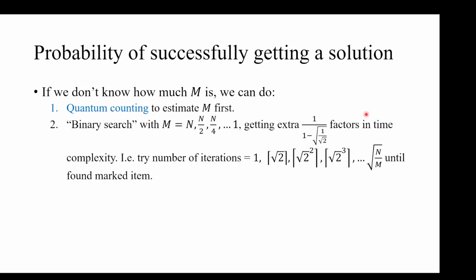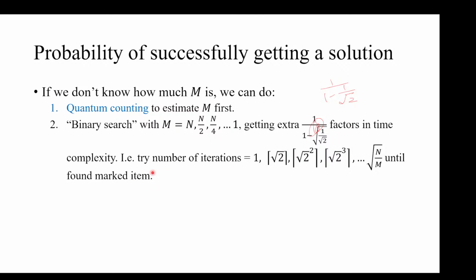Sorry, I think I have too many square roots, typo. It should be 1 over 1 minus 1 over square root 2. Okay, and you get this extra factor because the number of iterations you try is a geometric series, so just a constant factor.